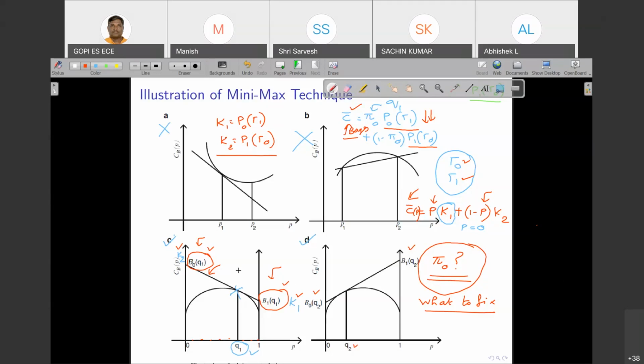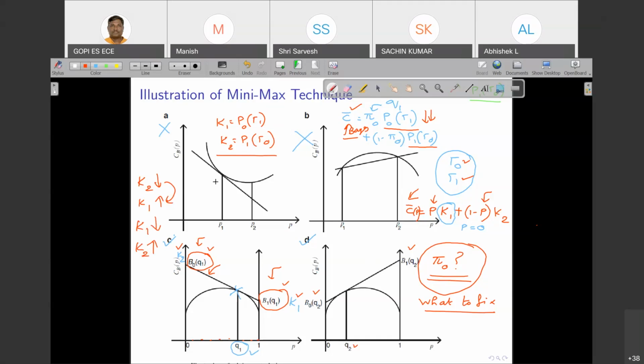If I try to minimize this K2, your K1 will get increased. This is the consequence. If I try to decrease this K1, K2 will increase. So this is the case.